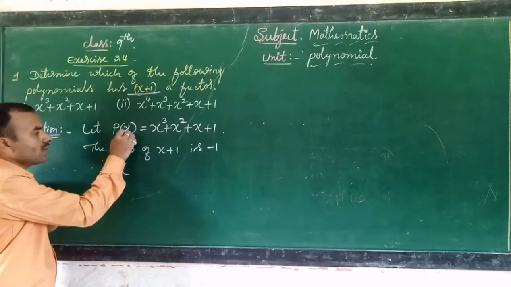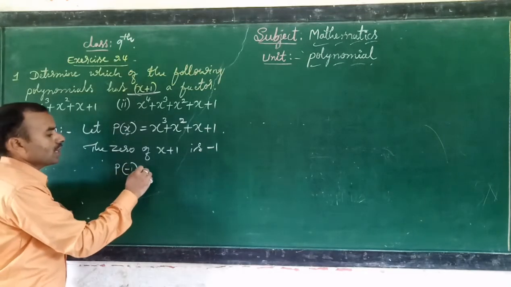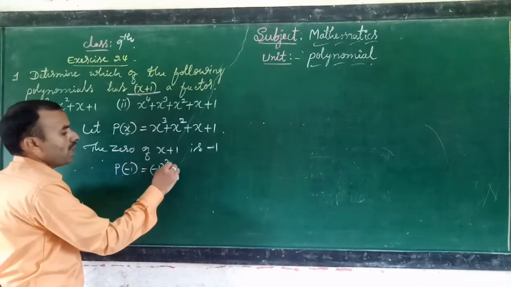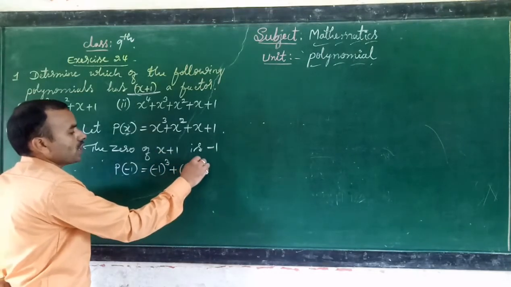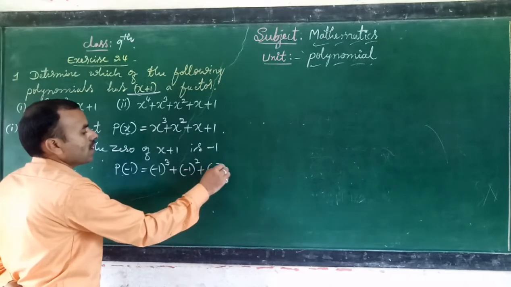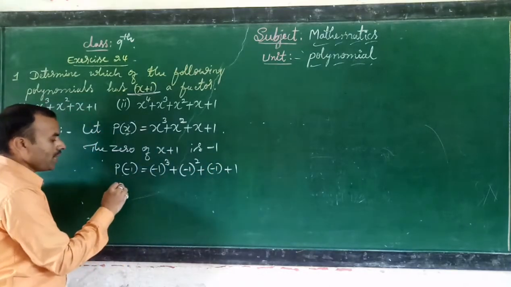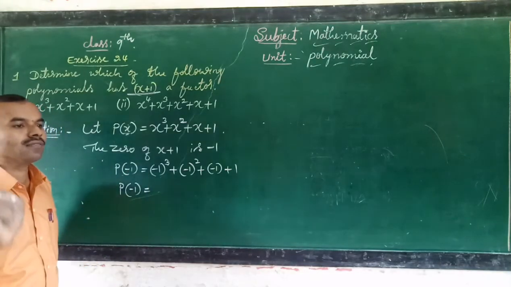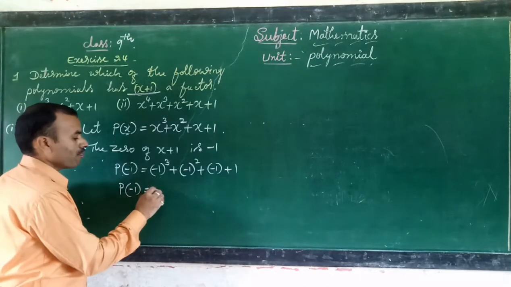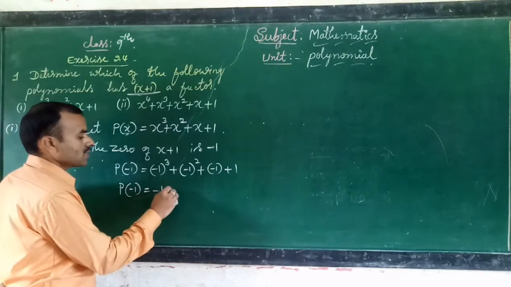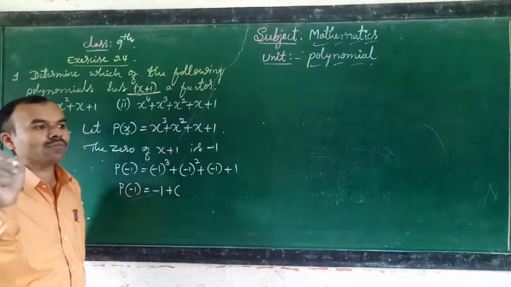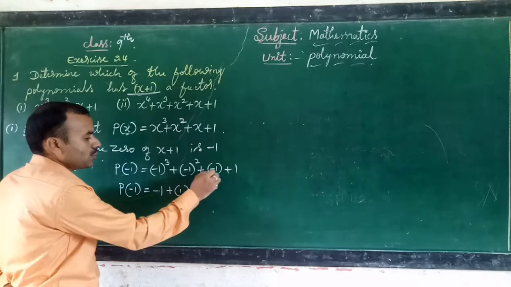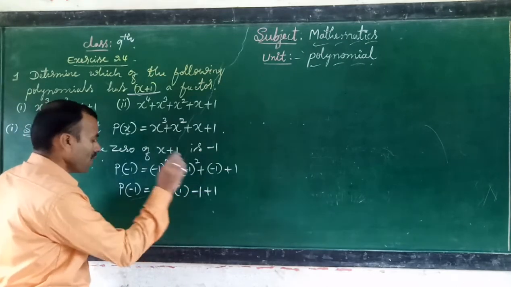So p of minus 1, instead of x put minus 1, equals minus 1 cube plus minus 1 square plus minus 1 plus 1. P of minus 1 equals minus 1 whole cube, minus 1 into minus 1 into minus 1, it is minus 1, plus minus 1 whole square, minus 1 into minus 1, it is plus 1, plus minus 1 plus 1.